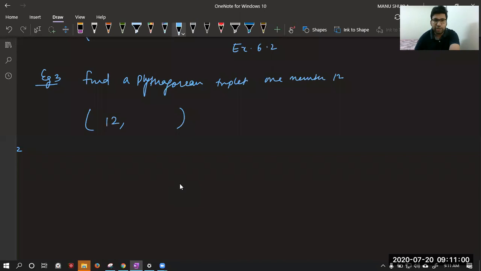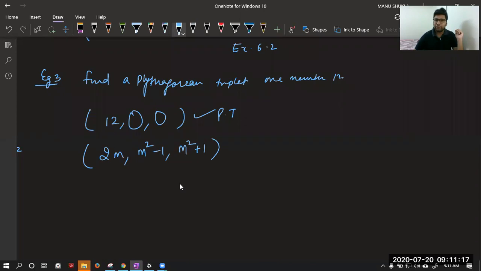We know 12. We want to find the other two numbers so that we get a Pythagorean triplet. I have told you the formula is very simple. The numbers should be of the form 2m, m squared minus 1 and m squared plus 1. If we compare these, we can find the value of m. We can say that 2m is equal to 12. This gives m equal to 6.